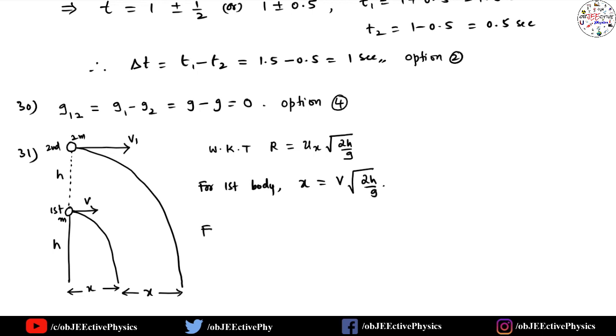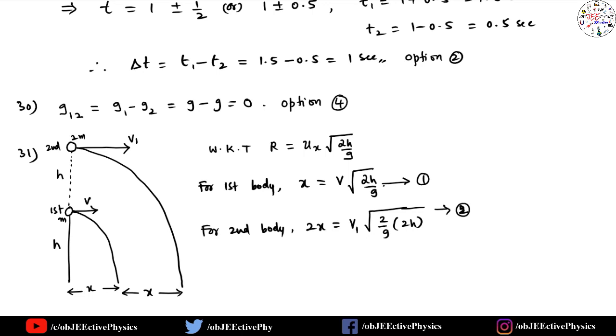And for the second body, range is given as 2x and velocity that we should estimate, let us assume v1, into square root of 2 by g into, in the place of h, 2h is given for the second body. Height of the second body is 2h from which it is projected. Let us call the first equation 1 and the second equation 2.